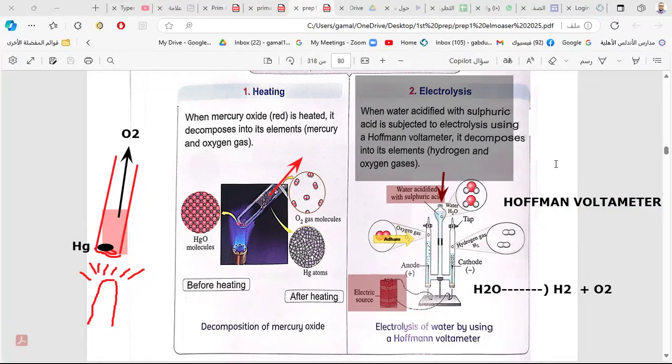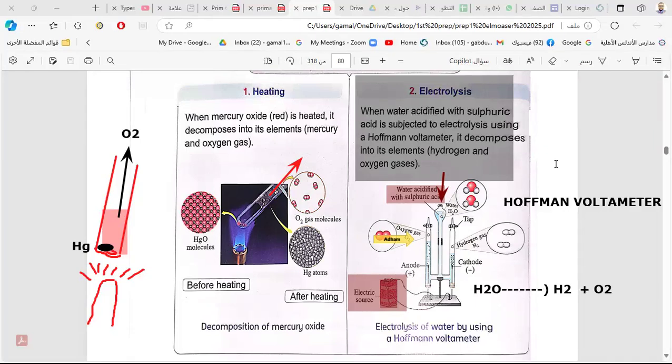How can we work it? How can you work it if you have one like this? What do you add and what do you connect? I add water, and drops of sulfuric acid.